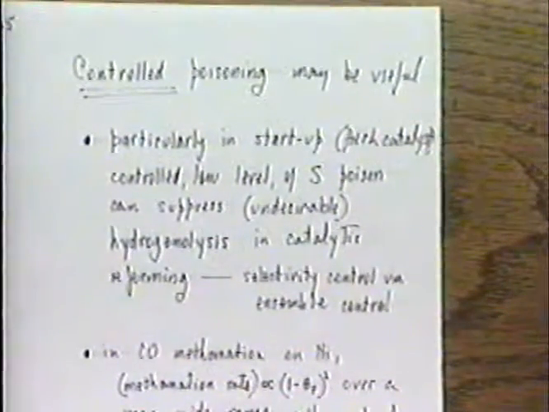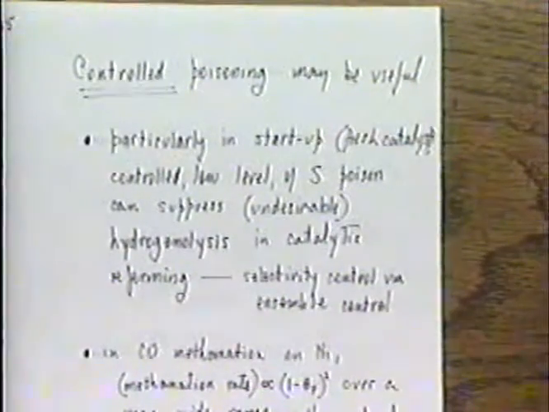When you start up a catalytic reformer, which is one of these things I referred to just a few minutes ago, that is platinum alumina or platinum rhenium alumina or platinum iridium alumina, converting naphthenes and alkanes to aromatics and isomers, isoalkanes.